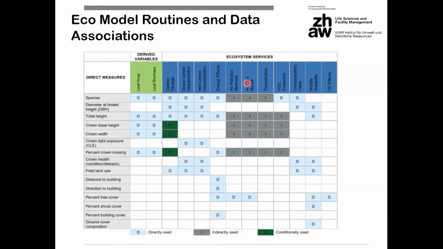And here you can see the ecosystem services, which are calculated by I3. For example, avoided runoff or transpiration, gross carbon sequestration, air pollution removal, and so on and so on.